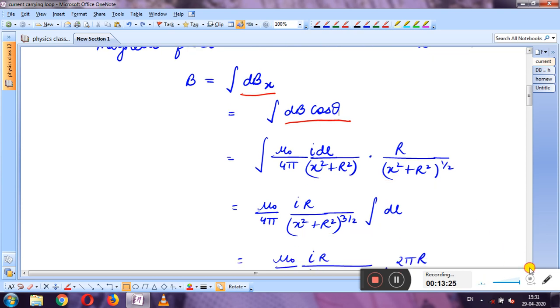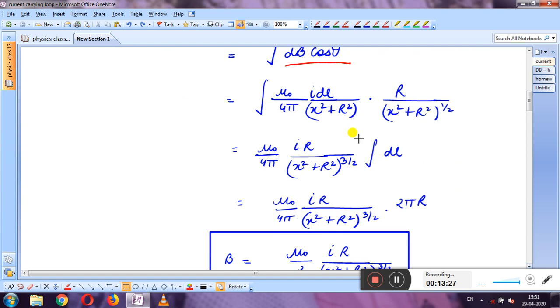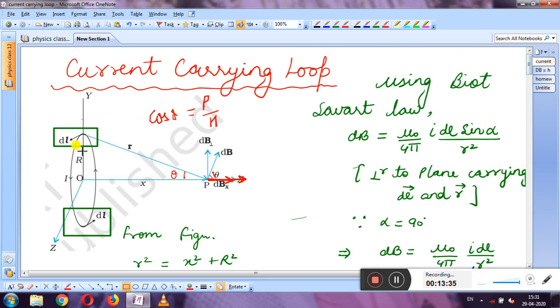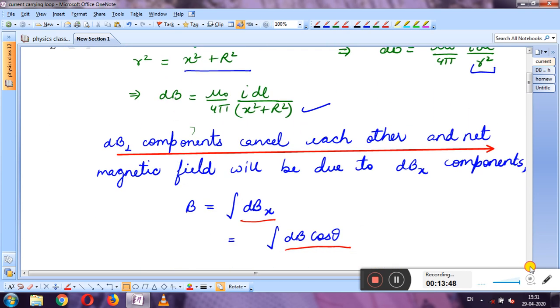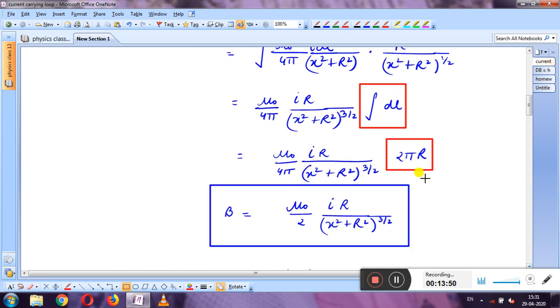Then what is next? We will have only integration dl here. Integration dl will be equal to the circumference of the loop. Why? Look here, this dl was a small current element of this whole loop. So if we are doing integration dl, it means the total length of the loop, and the total length of the loop will be equal to the circumference, which we have written here as 2 pi r.